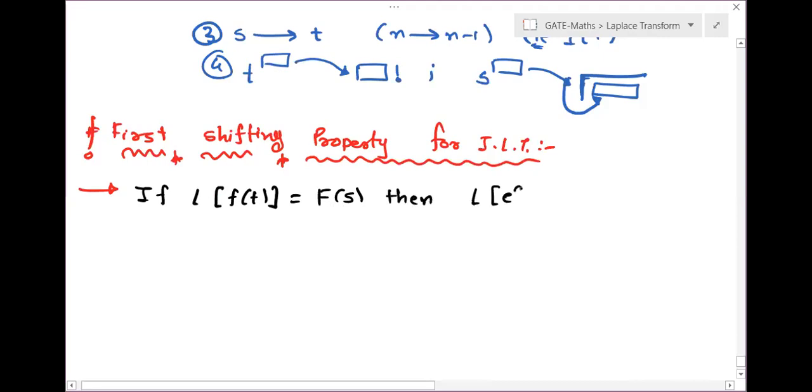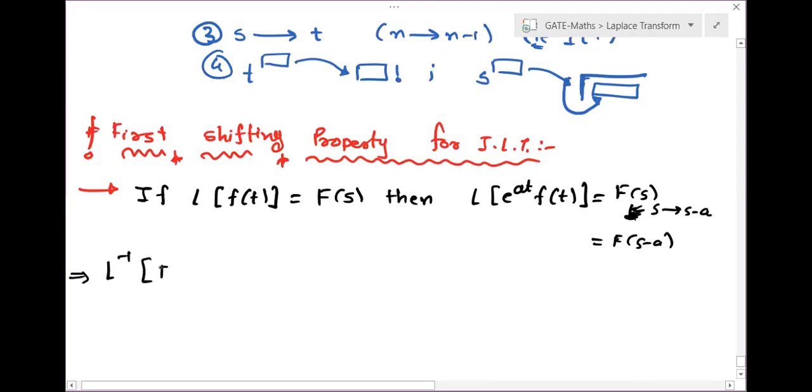Laplace of e to the power at f of t was F of s, where we have to change this s with s minus a. So it was F of s minus a. Right? So whenever you are having Laplace inverse of F of s plus a or F of s minus a, you can convert it like this.